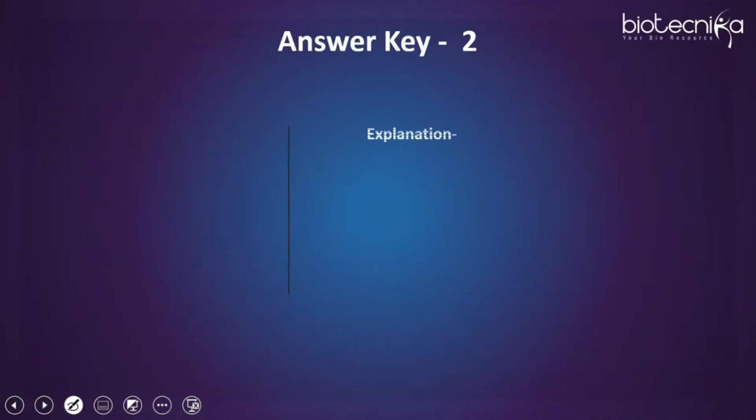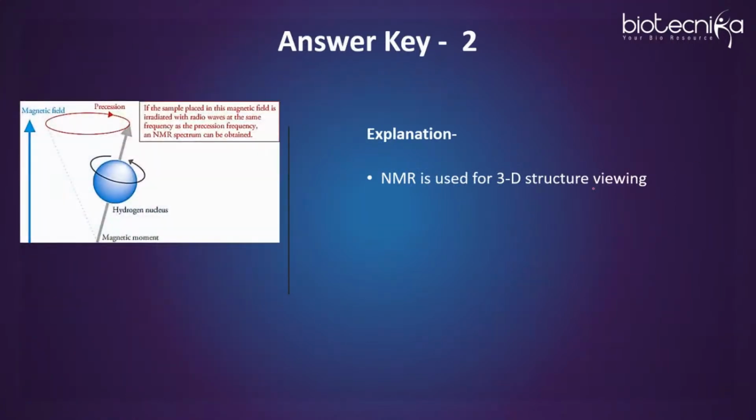Okay, so let's see the explanation. Yes, NMR is used for 3D structure viewing. Basically, nuclear magnetic resonance is used to study the molecular structure of a material, analyzed by observing and measuring the interaction of nuclear spins when they are placed in a powerful magnetic field. For analysis at the atomic level, electron microscopes and X-ray diffraction instruments can also be used.